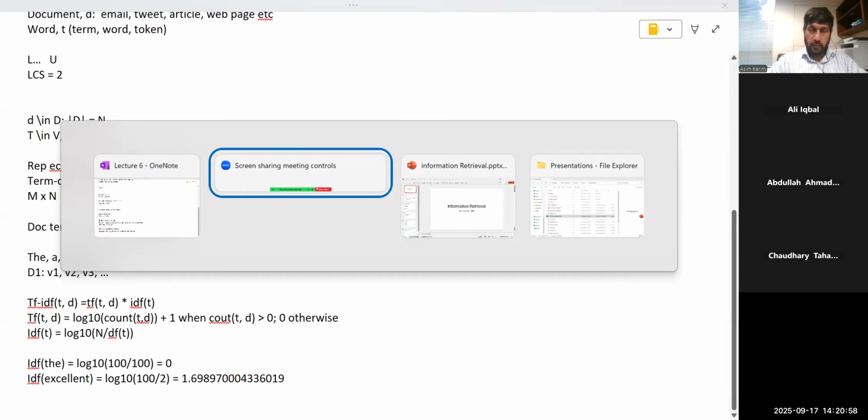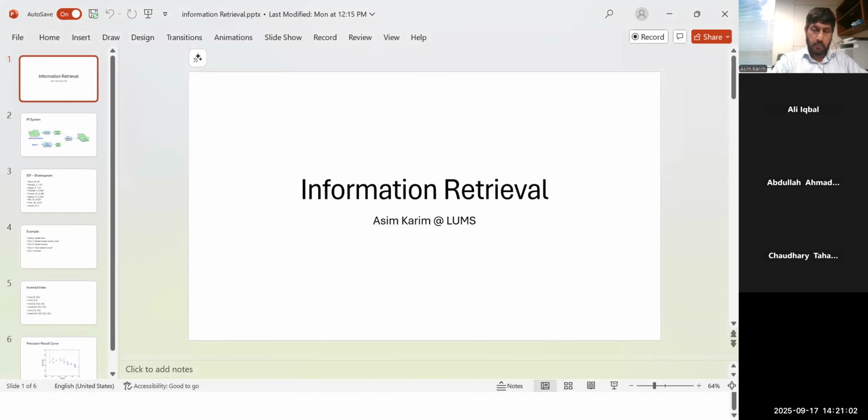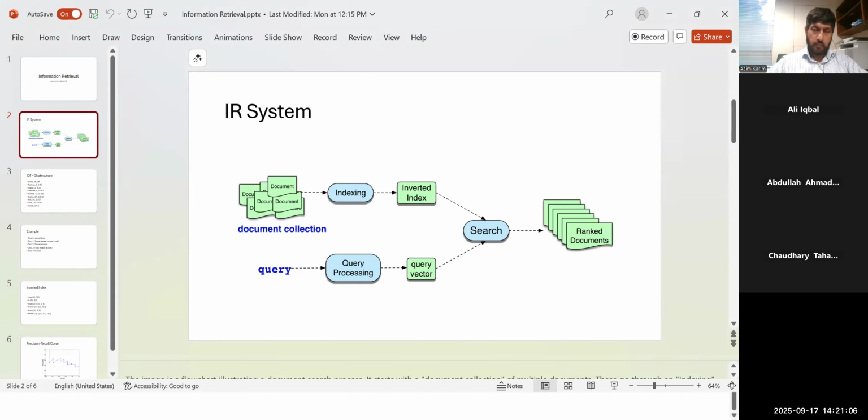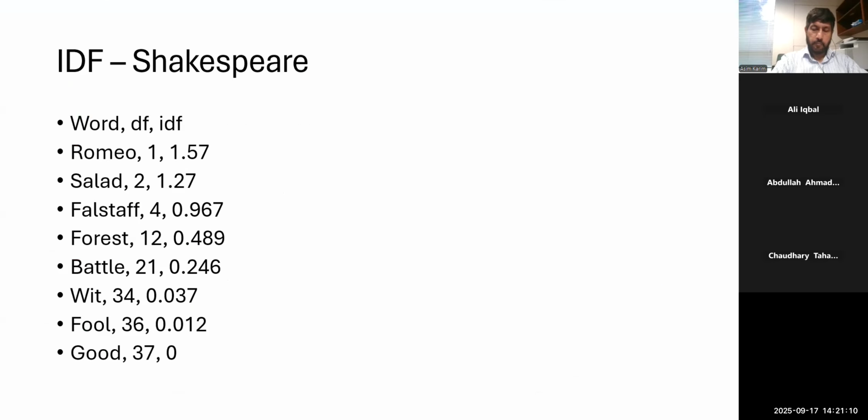So there's a slide. These are some IDFs calculated from Shakespeare's writing. Shakespeare, I think, has 37 different books or writings, and the IDFs of these words are written there.